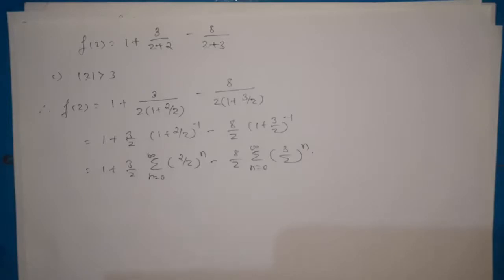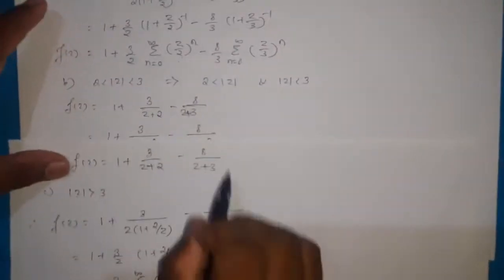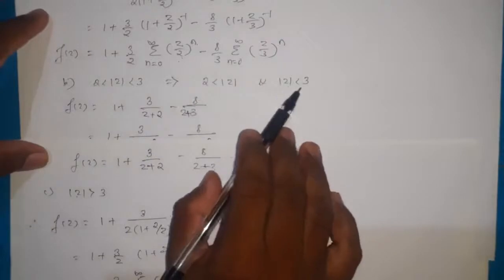So here the only important thing is taking the common term. In the inequality, whichever is greater, that value must be taken outside from that factor, and if two inequalities are given, depending on the inequality we need to take the common term from the corresponding factors. Because here in the second one, 2 less than mod z and mod z less than 3.